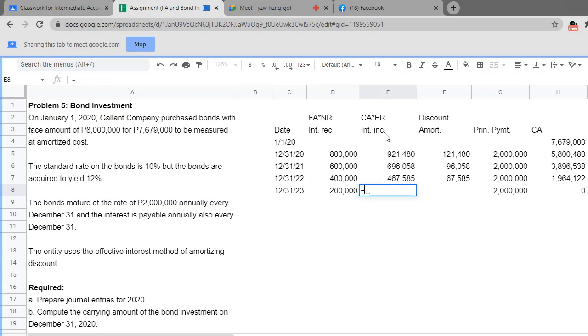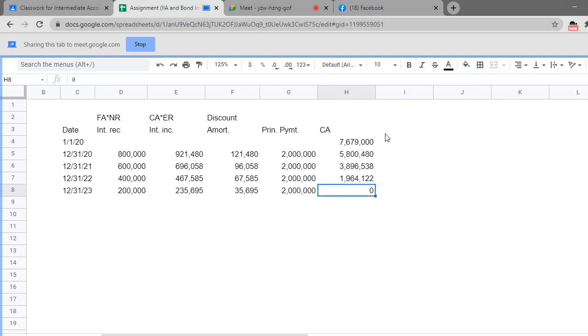And ito, kasi kung atong padayunon ang usual nga computation, atong itry para makita nato ang difference. Times 12. The difference is that. Okay. Dapat atong goal is mag-zero ni siya, right? So, nahuman na nato. The difference between these two, ayan yung amortization.